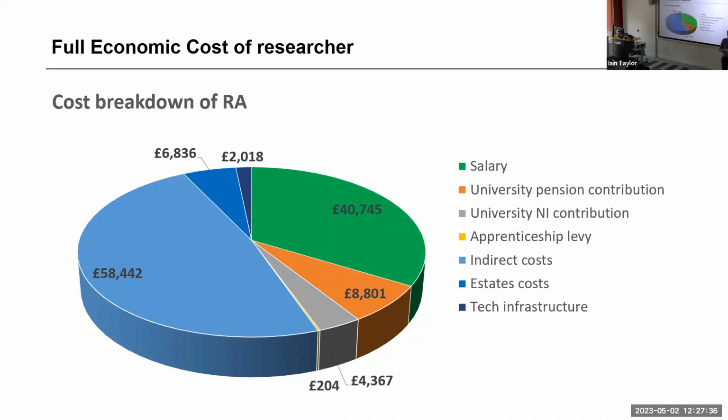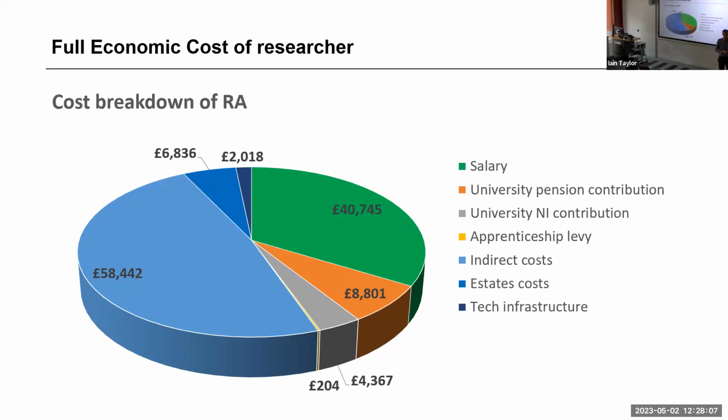David, you just mentioned there's some variation between different schools. Is there also variation across different universities? Yes. I think each university does some analysis and comes up with what they think are appropriate rates, which are then audited by someone and signed off.